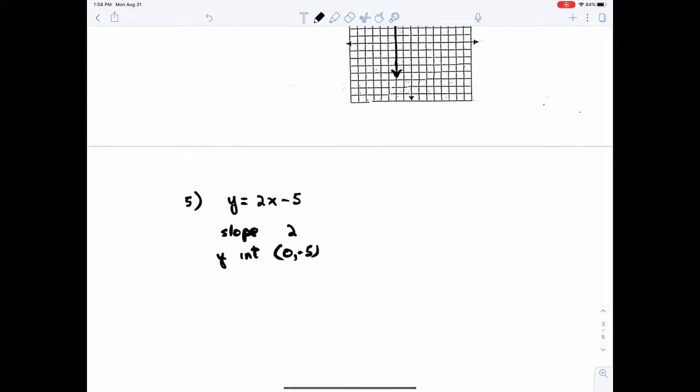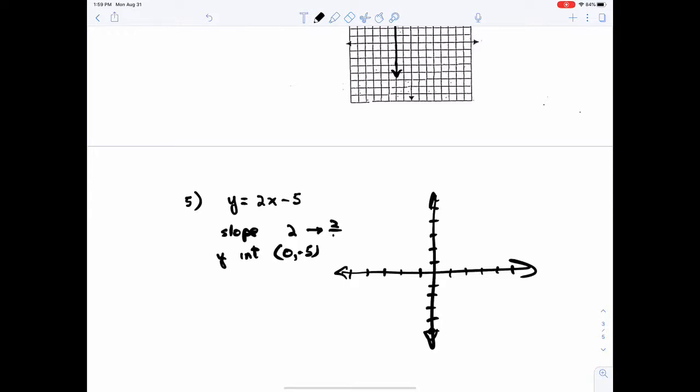I'll just draw a sketch here. It's probably not going to be very good, but... Okay, so we have (0, -5), which is down here, and then slope is 2, meaning it's either 2 over 1, or it can be -2 over -1, and I don't care which one you do.